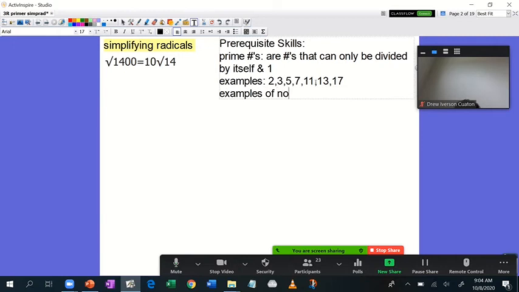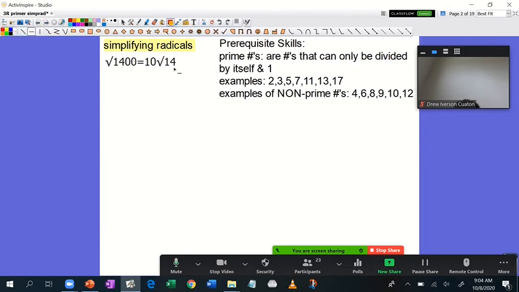Examples of non-prime numbers are 4, 6, 8, 9, 10, 12. But we're not even worried about non-prime numbers today. We're only worried about prime numbers.